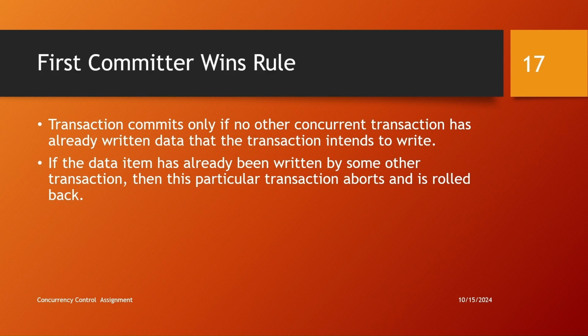That means if I have a transaction which increases the balance by 50 rupees, and another transaction decreases the balance by 100 rupees, and the transaction which decreases the balance by 100 rupees commits first, then the transaction which increases the balance by 50 rupees would have to be rolled back, since the first committer wins rule is applied and the other transaction is already committed.